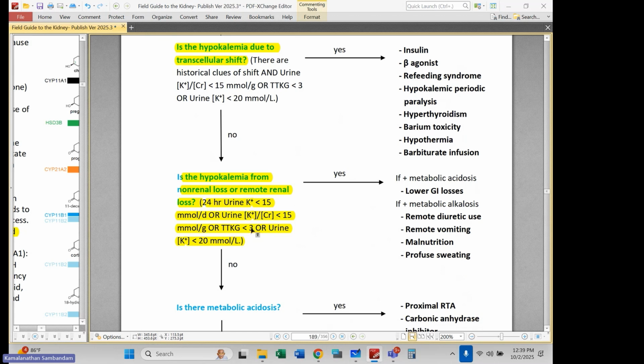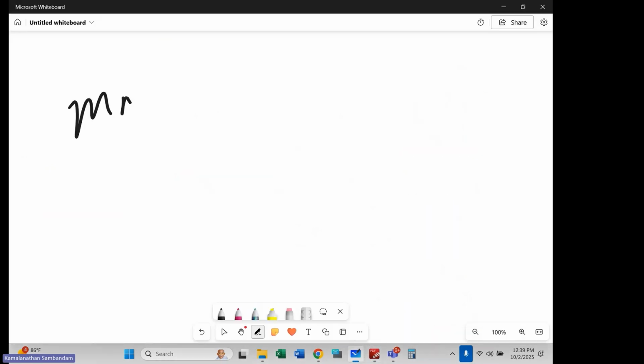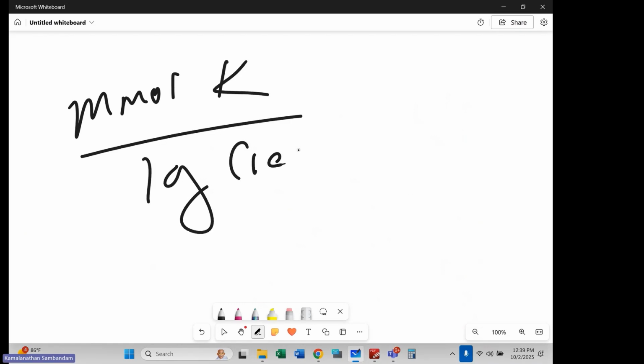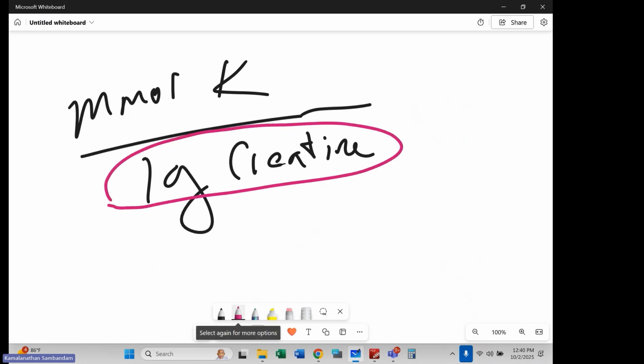Now, once again, as you're trying to evaluate a urinary K to creatinine ratio, you're trying to express that in terms of millimoles of K per 1 gram of creatinine. I made the same point in our hyperkalemia tools, so I won't belabor this. If you assume that in a 24-hour period we excrete roughly 1 gram of creatinine, then this K to creatinine ratio will approximate a 24-hour urine potassium.